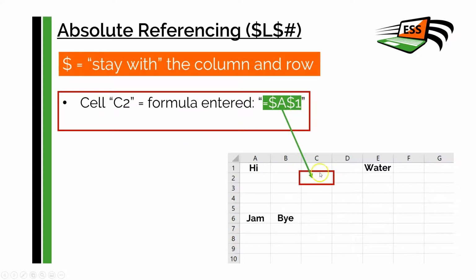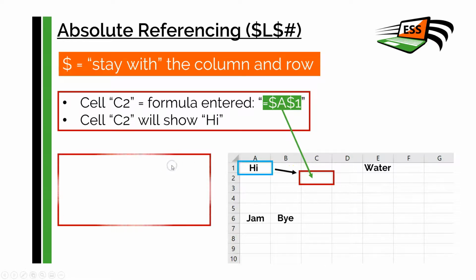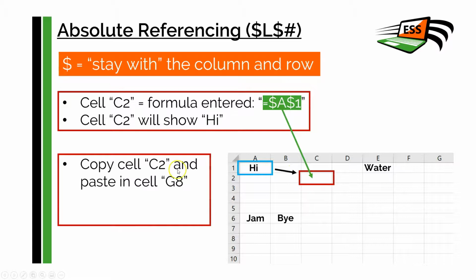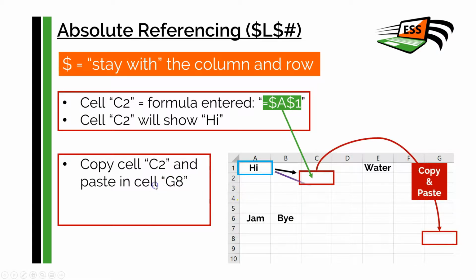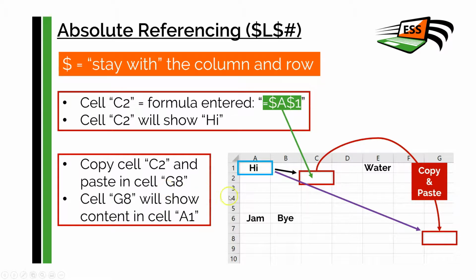If I copy that from C2 to anywhere else, in this example, I am copying it to G8 as before. In this case, it does not matter where I paste this formula, it will always refer to the content in A1. So let's get started with the example.